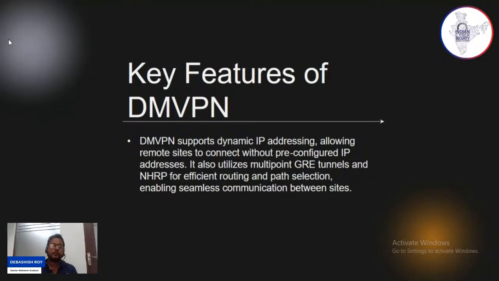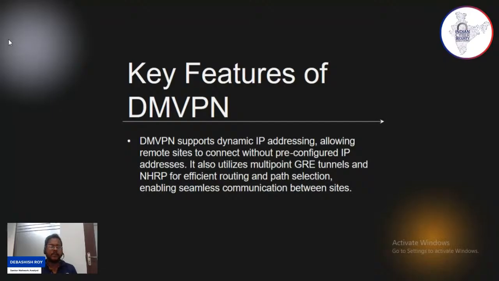Now, what are the key features of DMVPN? DMVPN supports dynamic IP addressing, meaning IP addresses are allocated or mapped dynamically, allowing remote sites to connect without pre-configured IP addresses. The main thing is that DMVPN can communicate without the hub, because in a normal VPN all the connections go through the hub router and it takes a lot of delay, so the latency increases.